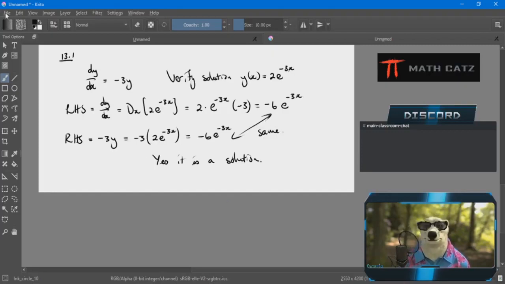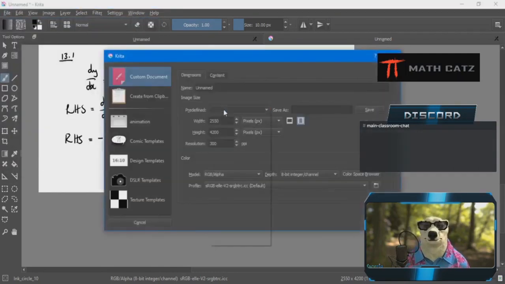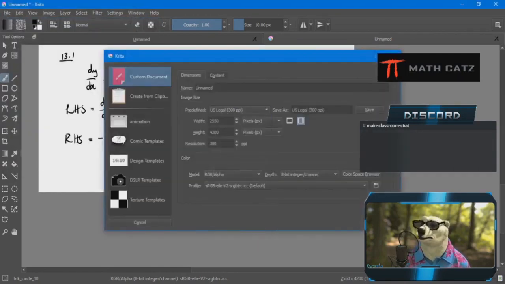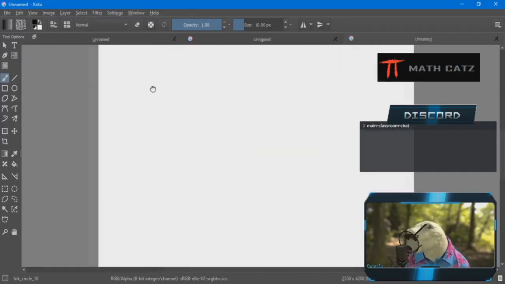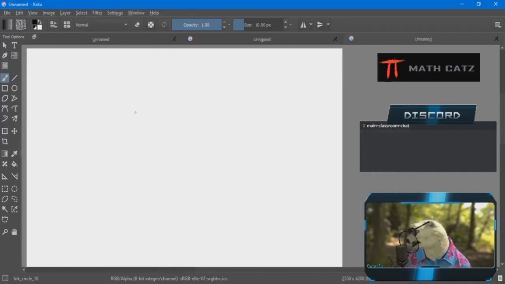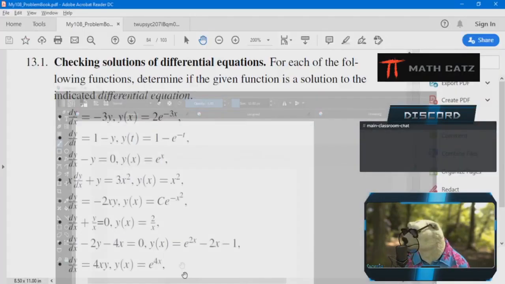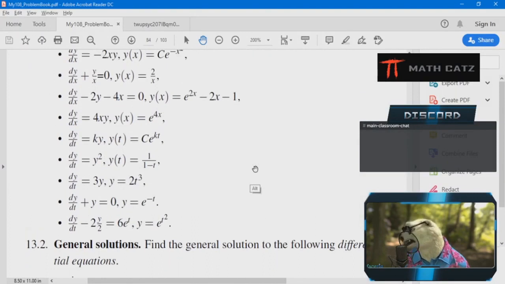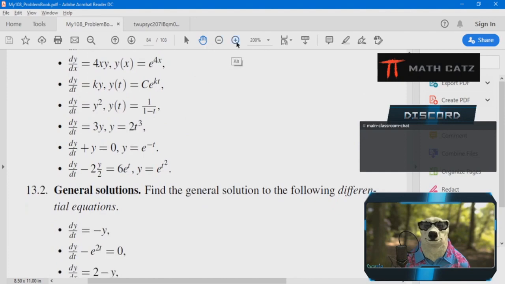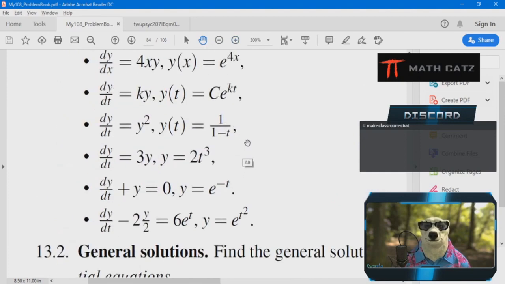All right, let's do one more. Let's look at something a little bit more complicated, perhaps. Let's try this one. Let's zoom in on that one.